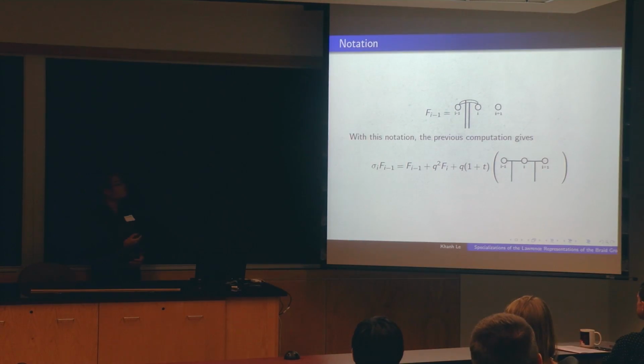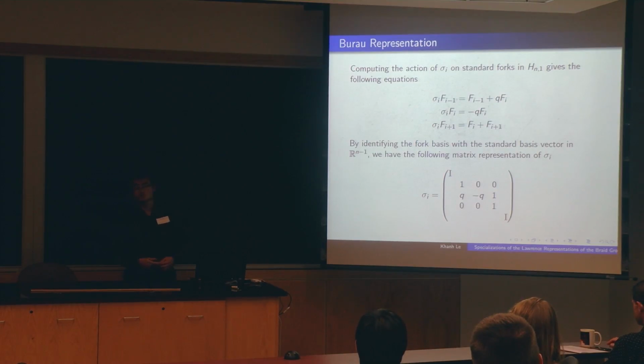And if we introduce the following notation, f sub i minus 1 being the standard fork with all L strands connecting the (i-1)-th and the i-th punctures, then in H of n, 2, the previous computation becomes a nice equation like this.